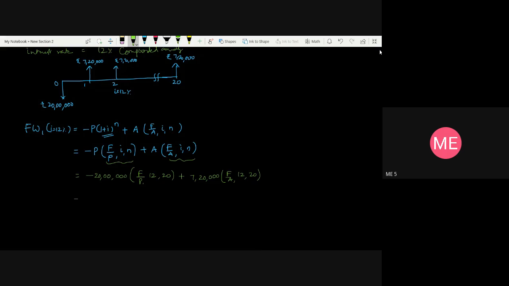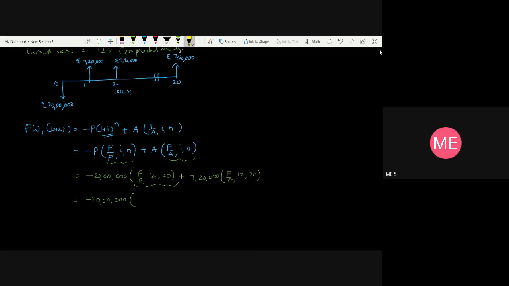From the compound interest table we can find the values. F by P comma 12 comma 20, you'll get around 9.646.